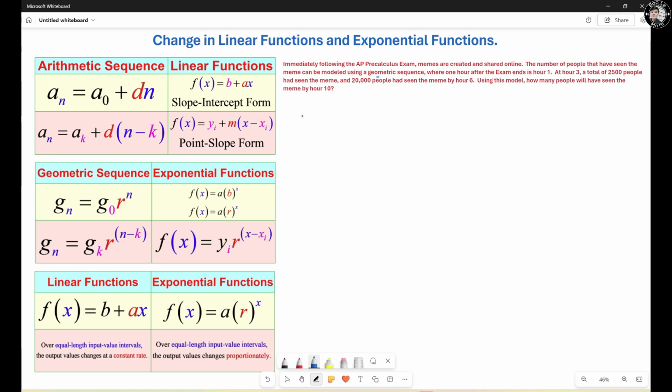Alright, first we need to define the variable. We're going to let g sub n be the number of people who have seen the meme by hour n.